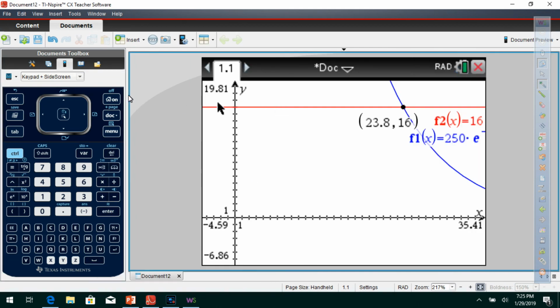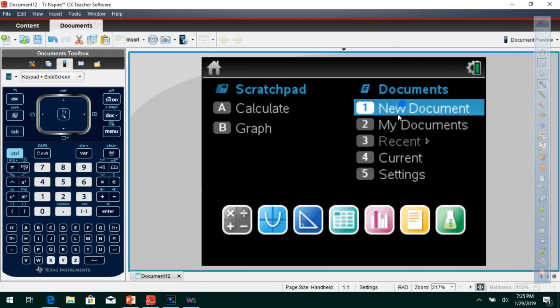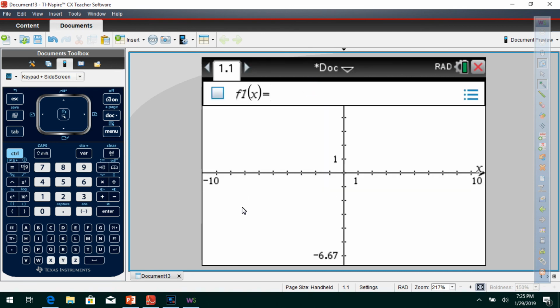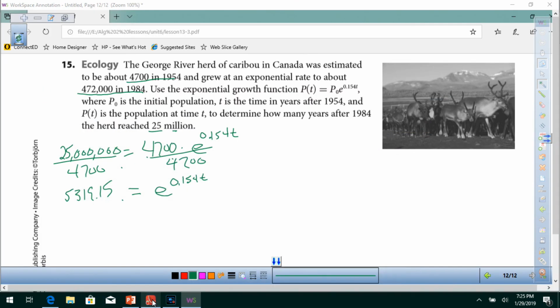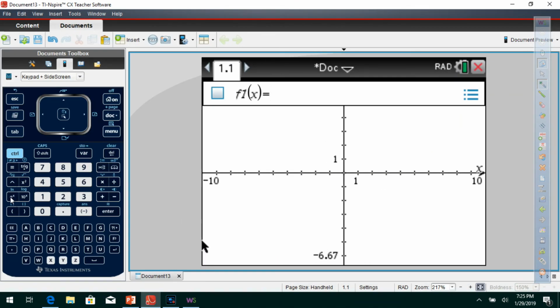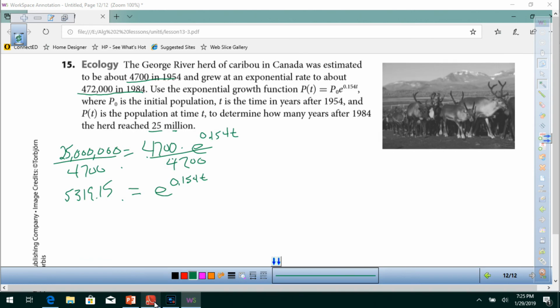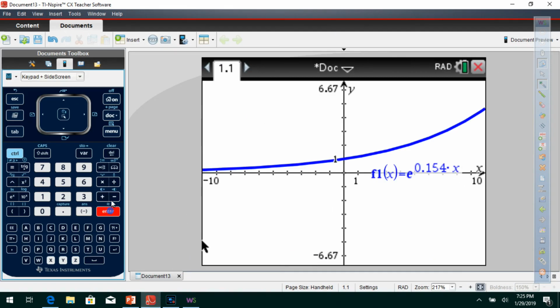On new document, no, and graphs. So our first graph is going to be e to the 0.154x. Is that right? All right. And we'll press enter.